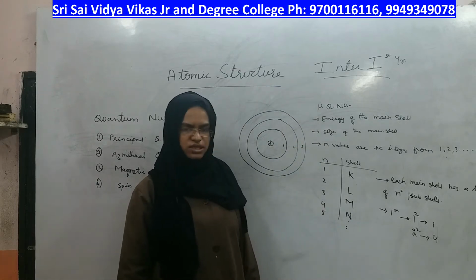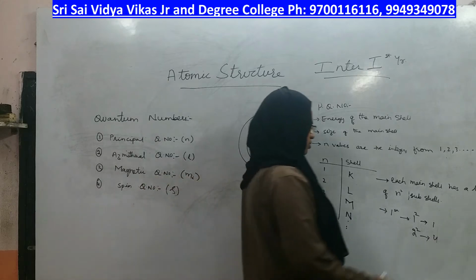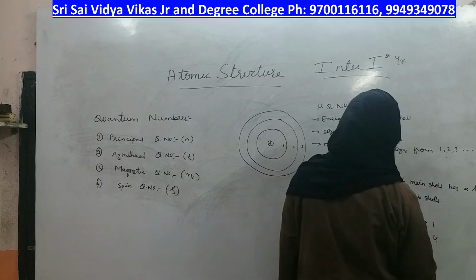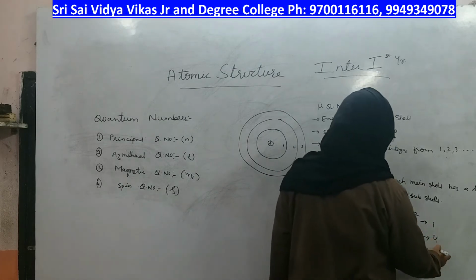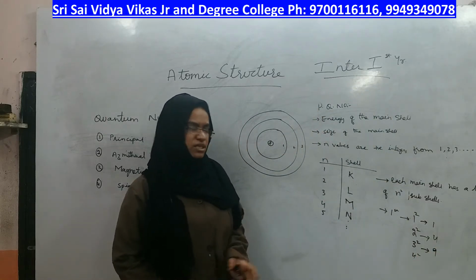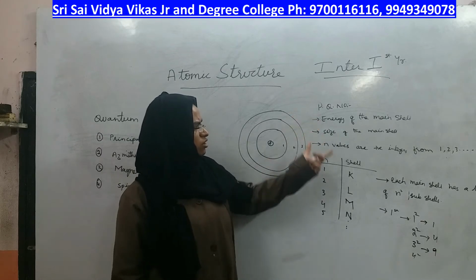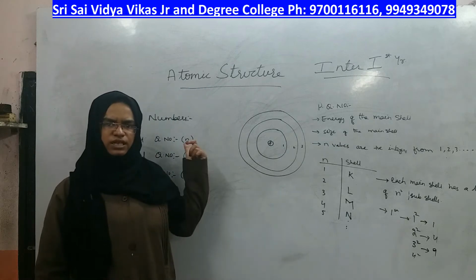Same goes for the next shells, right. Third main shell has 9 subshells inside it. Each main shell has how many subshells is indicated by the formula n square, right. So this is about principal quantum number. Please copy so that we will move towards the next quantum number.